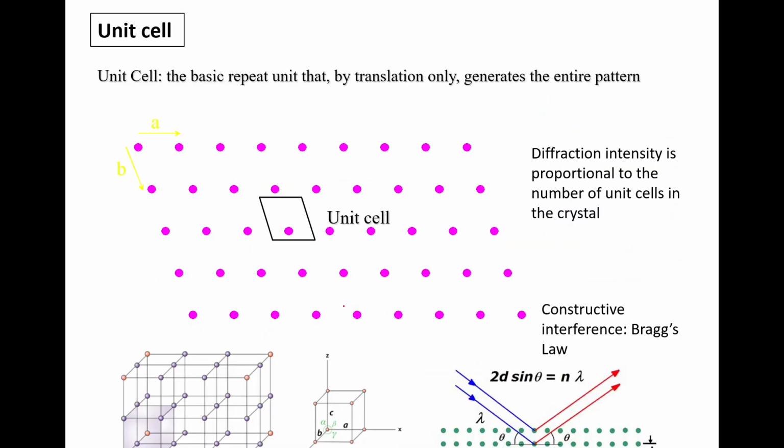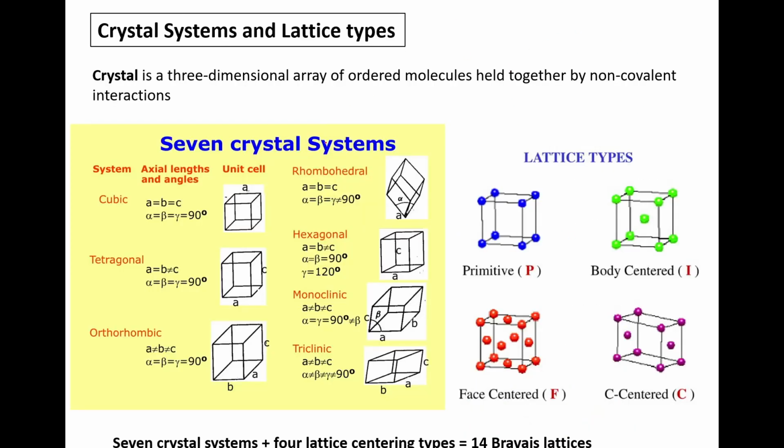Now, as I said, these lattices will make this unit cell. This slide we already discussed a few moments earlier. And then how are these unit cells made? These lattices make certain crystal systems. What are the crystal systems?